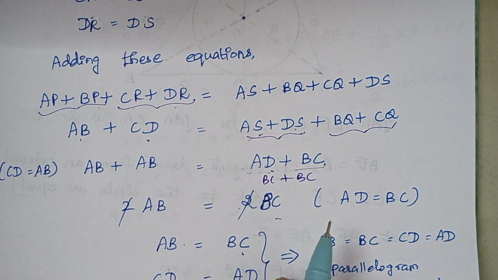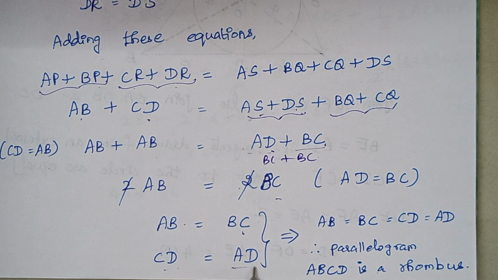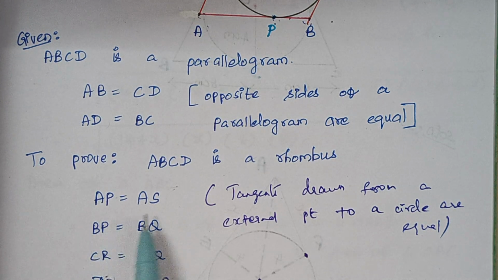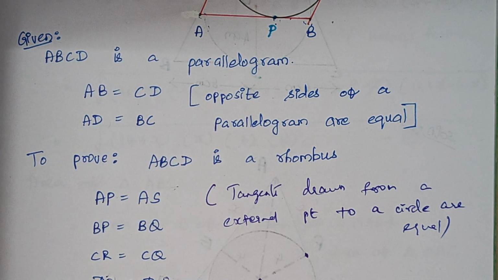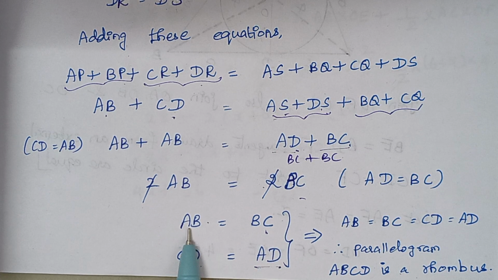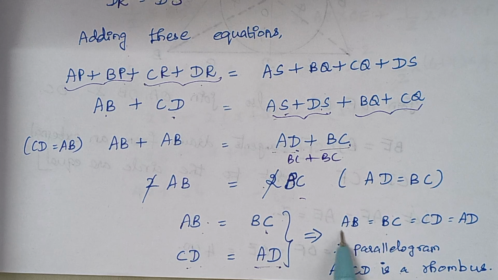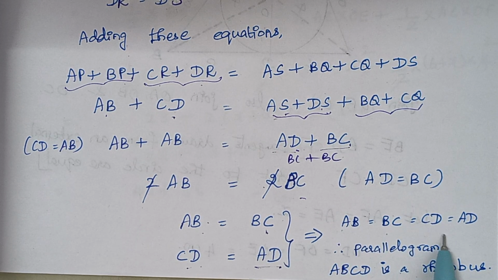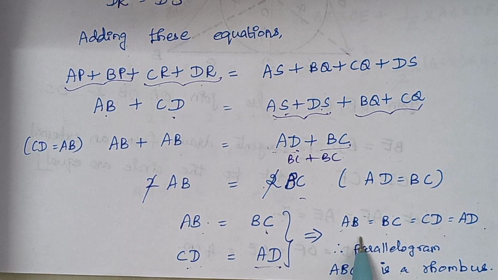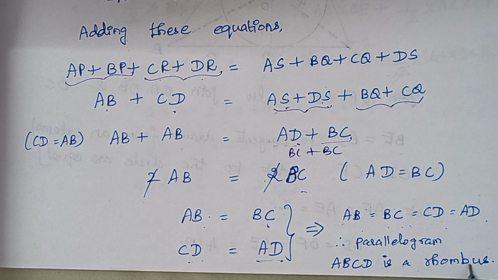Similarly, we can prove that CD is equal to AD. Here AB is equal to CD, but we have proved AB is equal to BC. So AB is equal to BC, AB is equal to CD, and this CD in turn is equal to AD. Therefore, all four sides are equal, which is the property of a rhombus. Therefore, we have proved that parallelogram ABCD is a rhombus.